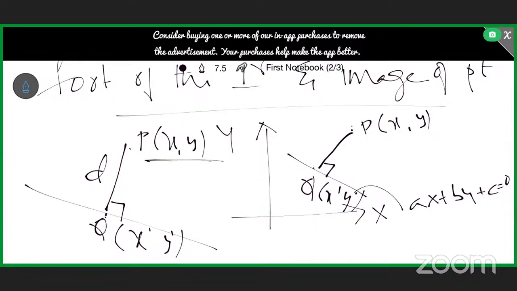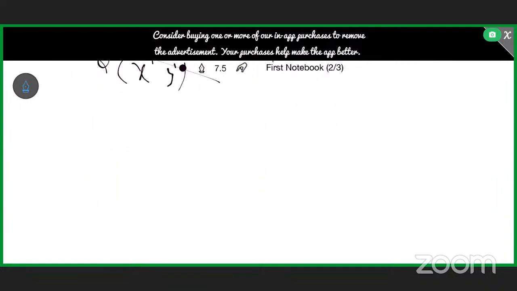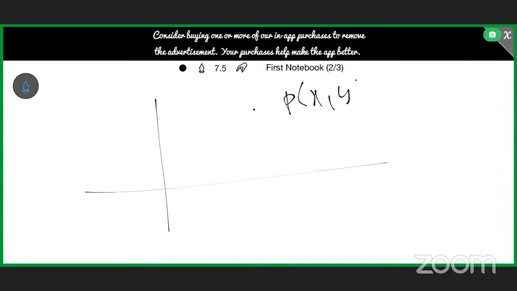Do you understand the foot of the perpendicular? Yes, sir. Now coming to the concept of image. If P(x, y) is my point, then its image with respect to the x-axis will be P'(x, -y).